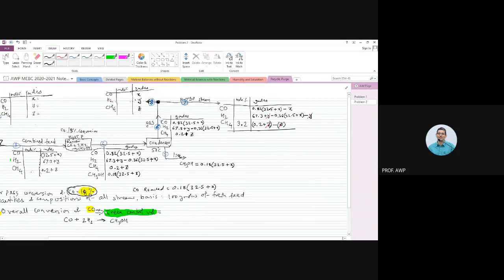So this methane is contributing 3.2%, but its total moles are 0.2. Therefore, if you write in terms of total moles, 0.2 corresponds to 3.2%. Therefore, the total moles must be 0.2 divided by 0.032. How much is this number, Nishan?